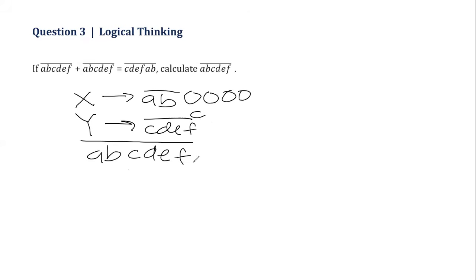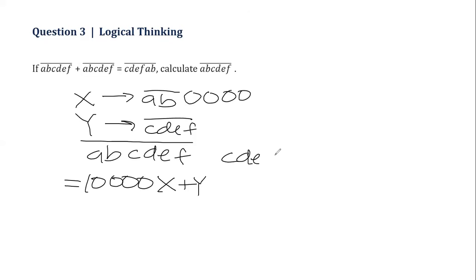If you do x plus y, technically this will give you a 4-digit number, not a 6-digit number. So if you want to represent this in terms of x and y, you would have to add 4 zeros. That means you need to multiply it by 10,000. So you can just add y here. So that is A, B, C, D, E, F.